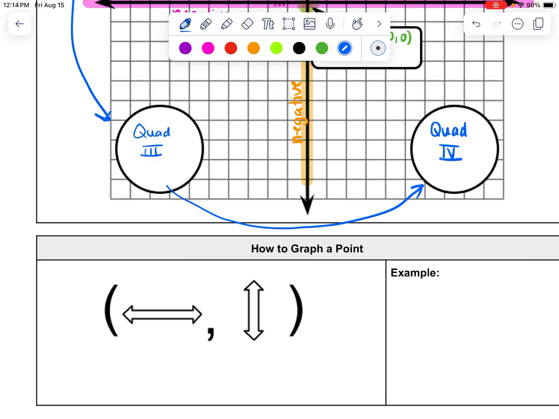A point is going to have a parentheses, and it's going to have 2 numbers. The first number is what's called the x coordinate, and it tells us to either go right or left by that many spaces. We go right if it's a positive number and left if it's negative.